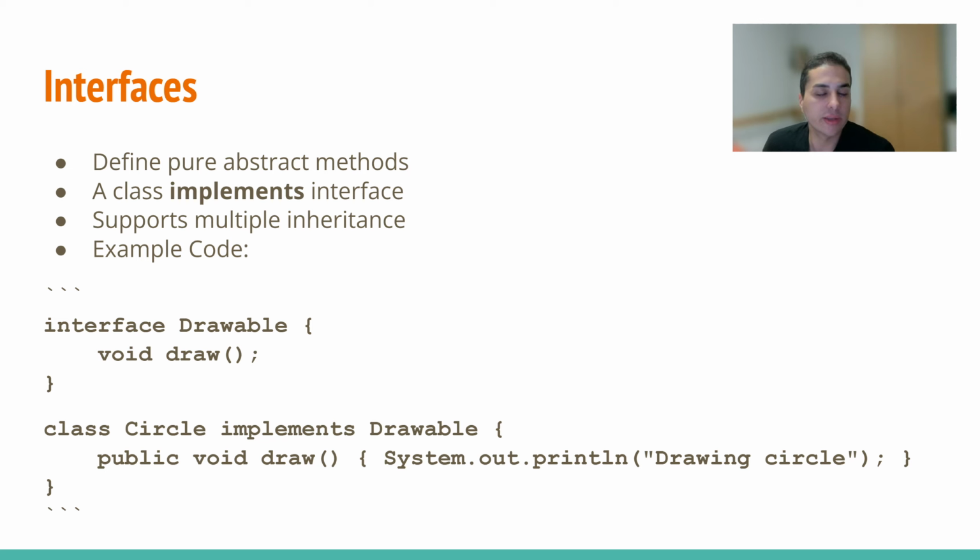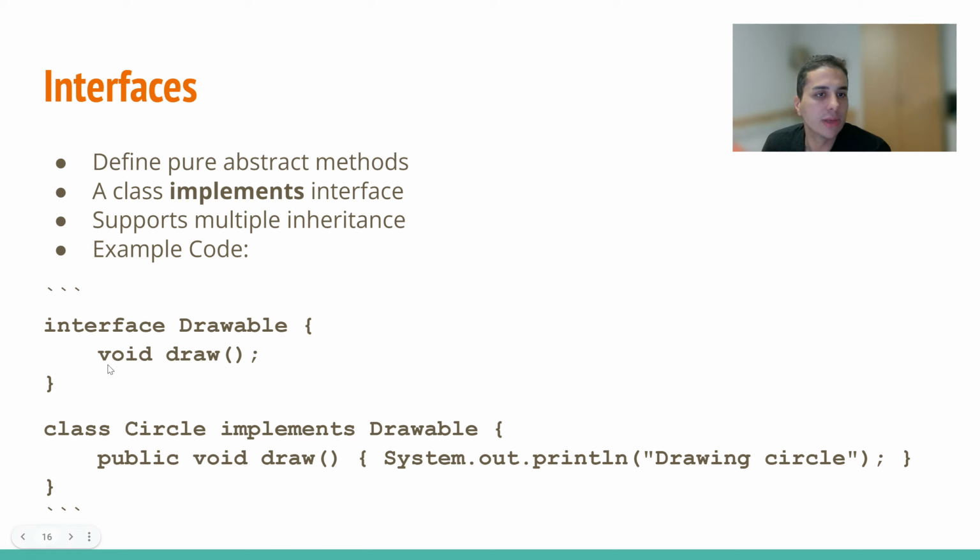For example, you might have an interface called Drawable, which has a method called draw. And in different classes like Circle, Rectangle, Triangle, you can implement Drawable, and each will define how to draw in its own way.